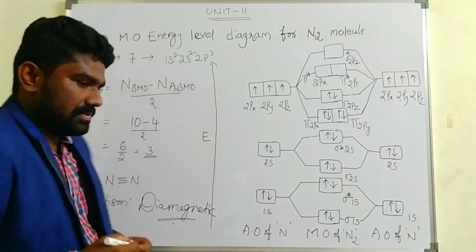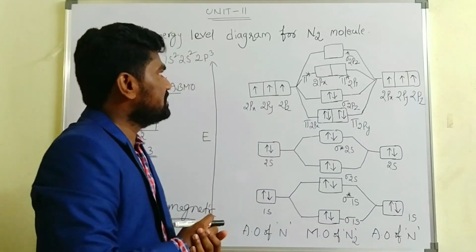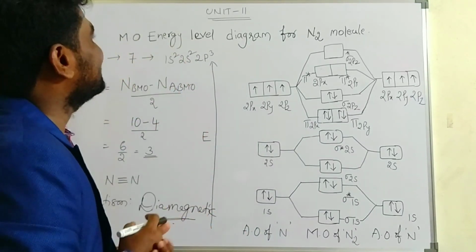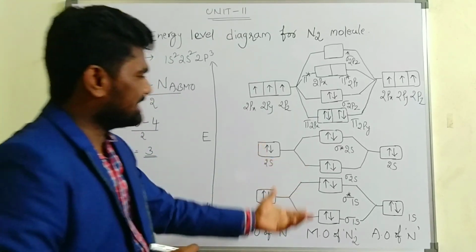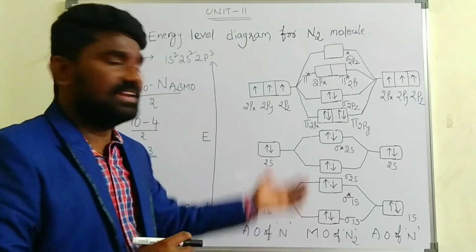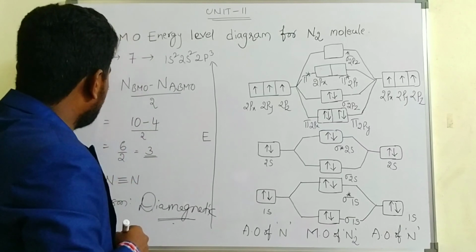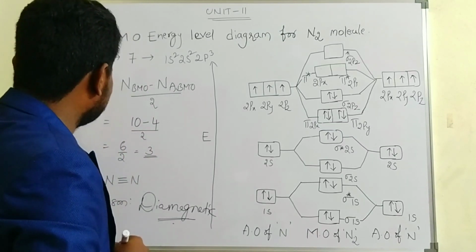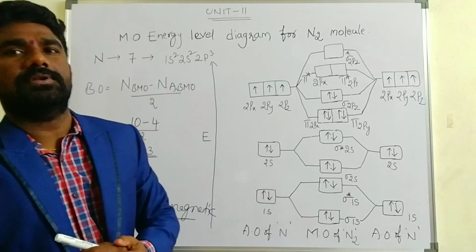This is the information regarding the molecular orbital energy level diagram for the nitrogen molecule. This is the construction of the molecular orbital energy level diagram for the nitrogen molecule and filling the electrons in the molecular orbitals. And we have also discussed the bond order and magnetism of the nitrogen molecule.